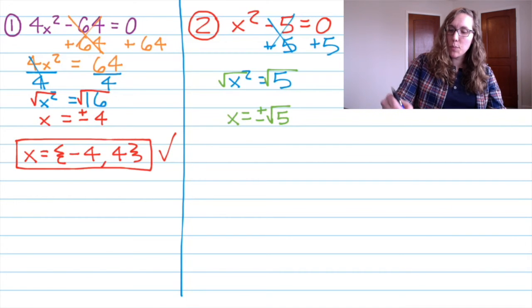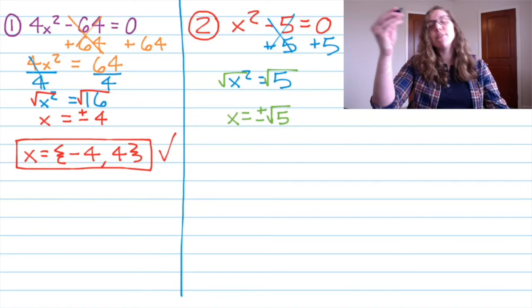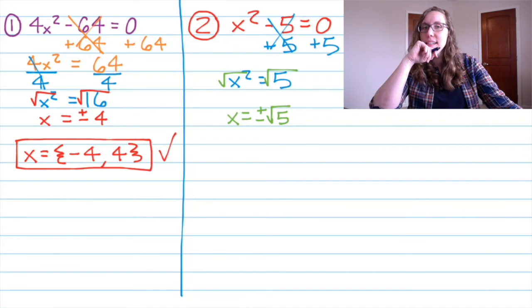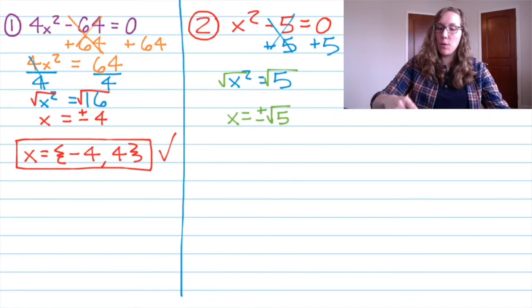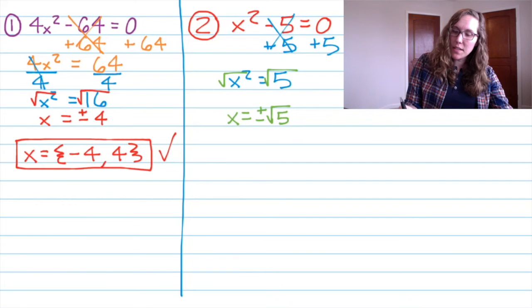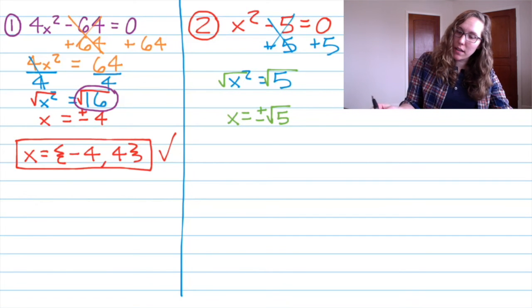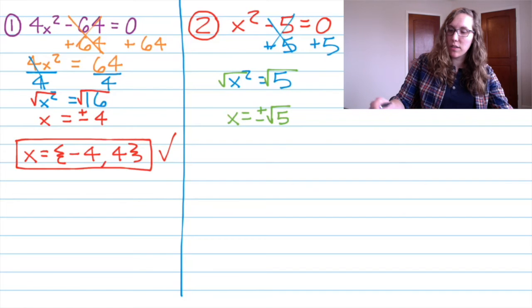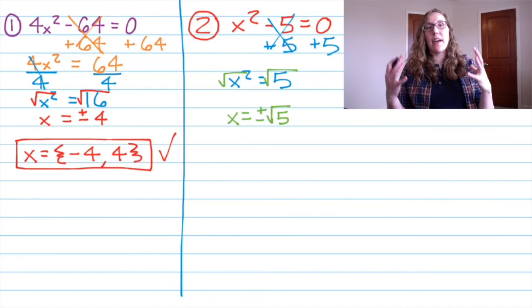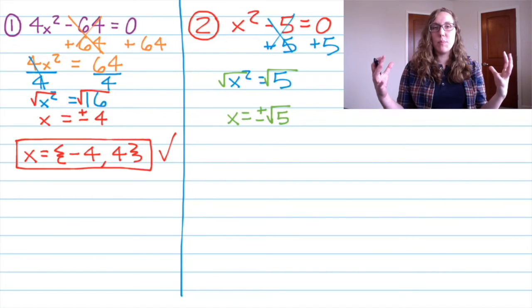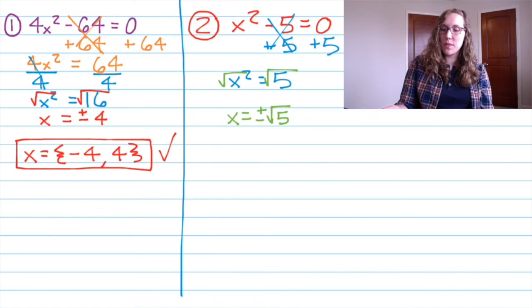And right now, you're probably wondering, Dr. Jansen, why didn't you take that 5 out of the square root? Well, because, my friends, like over here in our problem where we had our beautiful 16, if you put that 16 in your calculator, it comes out to be that 4 that comes out beautifully from within the square root of 16.